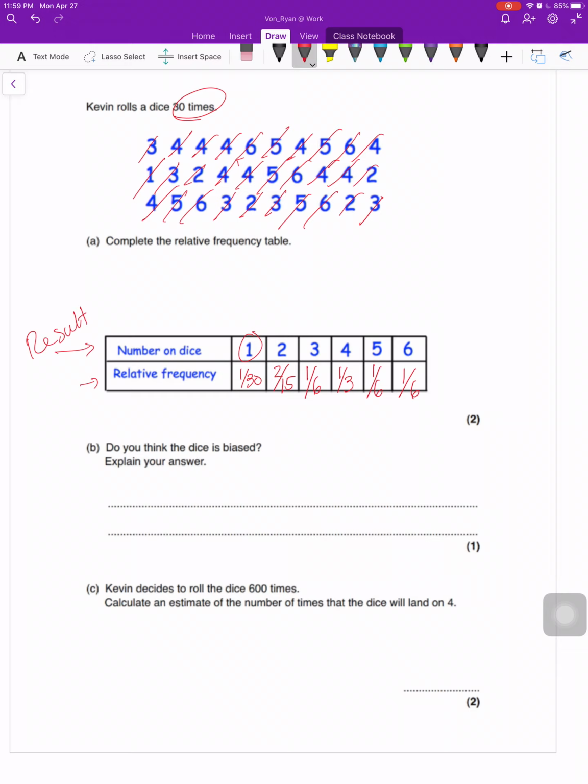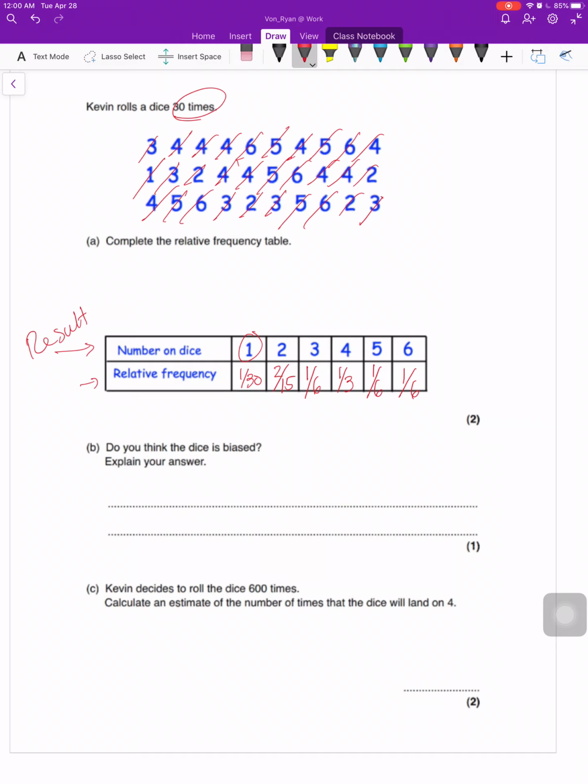I thought human beings can be biased. But in this case, you have to judge it based on the relative frequency that you calculated. It doesn't necessarily mean that the dice actually has an emotion on its own and can choose what number it wants to give you. Based on the data that you have, what do you think, is the dice biased?